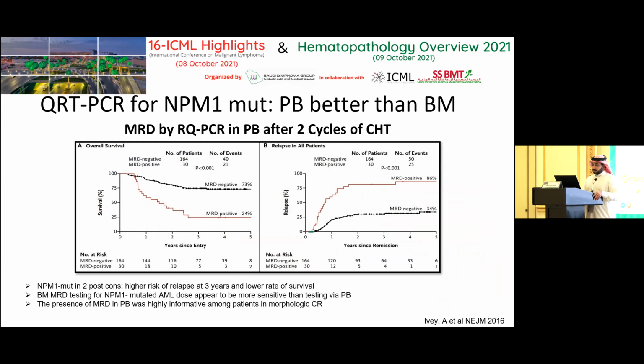The PCR for the NPM1 mutation in peripheral blood is better than bone marrow. This study has shown that, although bone marrow testing of the NPM1 mutation does appear more sensitive than testing via peripheral blood, the presence of MRD in peripheral blood was highly informative among patients in morphological complete remission.